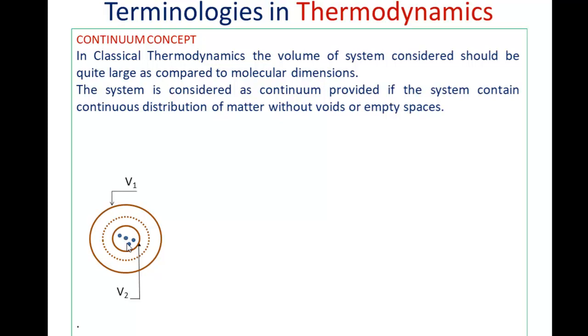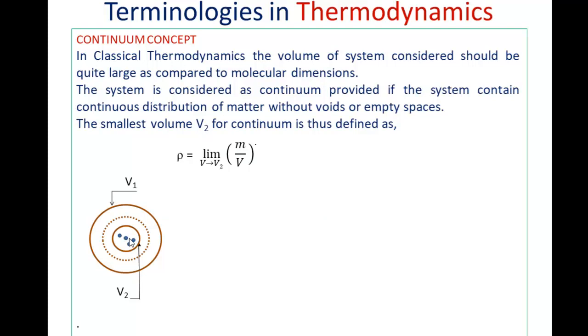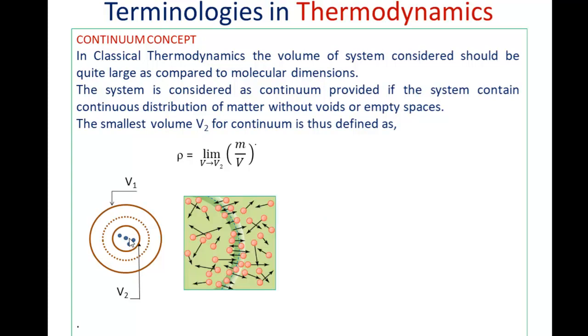For this condition of rarefied gases, we have to apply only rarefied gas flow theory, or the microscopic approach, in order to study the behavior of the system or to determine its properties. So we mean to say that the continuum concept can be applied up to a volume of V2, and for volumes lesser than V2, the continuum concept cannot be applied.